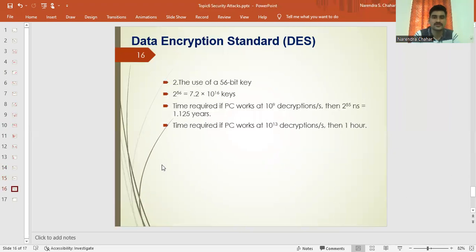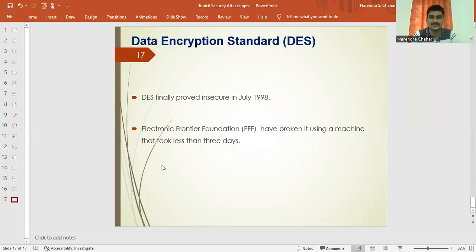When we talk about this, DES was finally proved insecure in 1998. Still, then AES came into the picture, and then other versions of that, using a larger key, a 128-bit key.